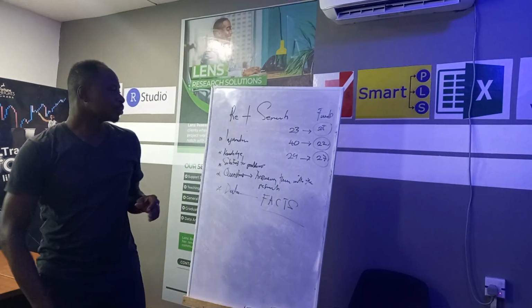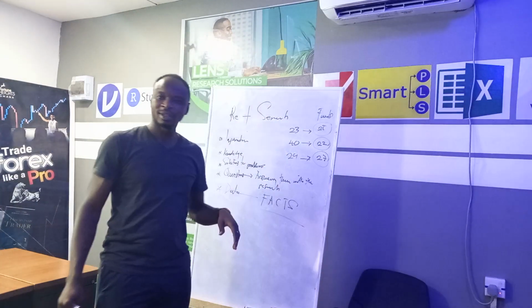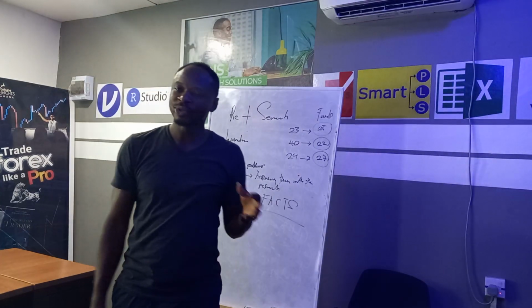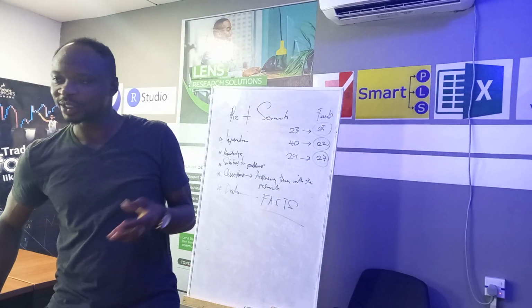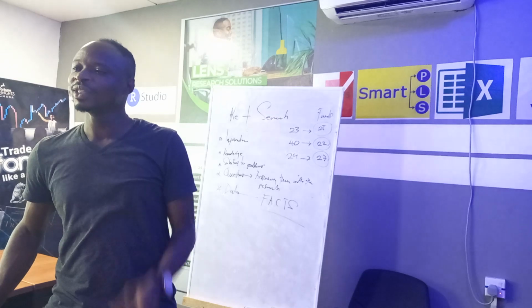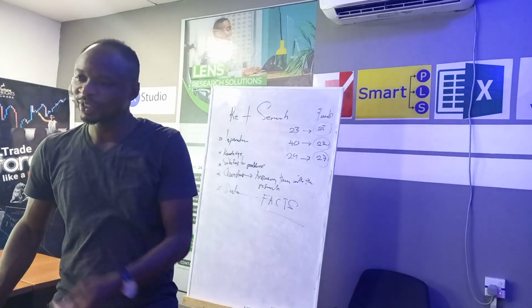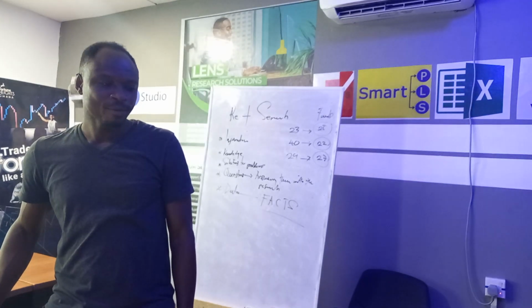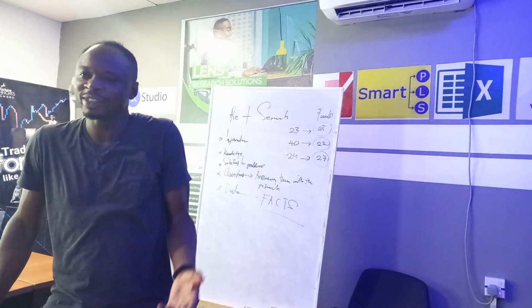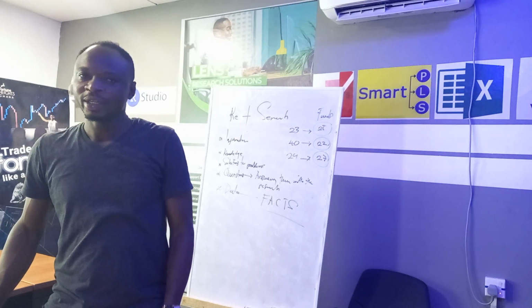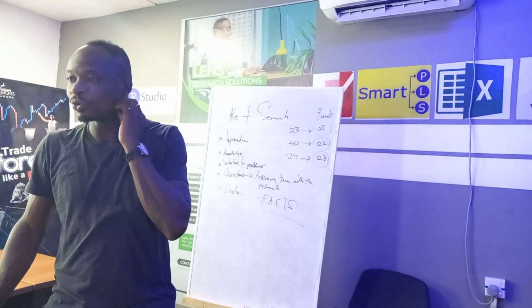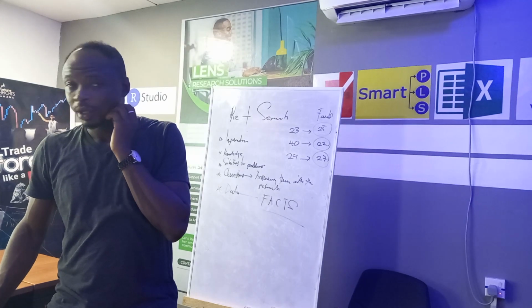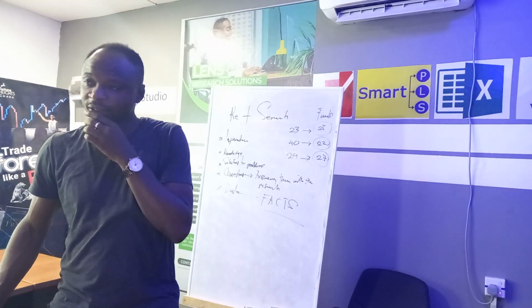So how will I be able to know your facts? Unless I use some scientific method or processes. So research is also seen as what? A process. We don't do research haphazardly. There is a process that you have to go through to conduct research.